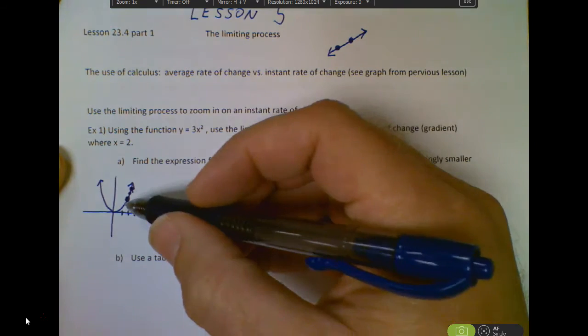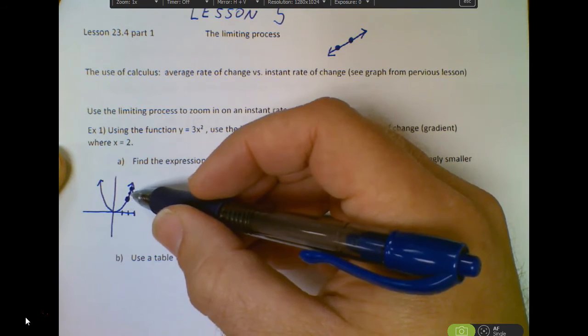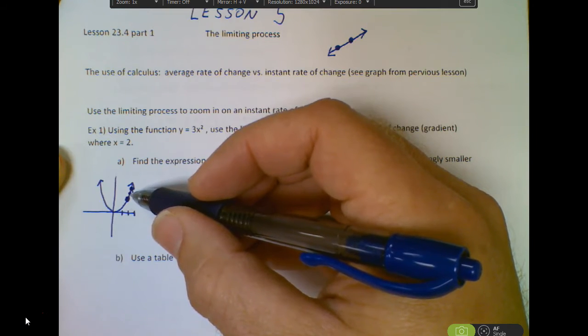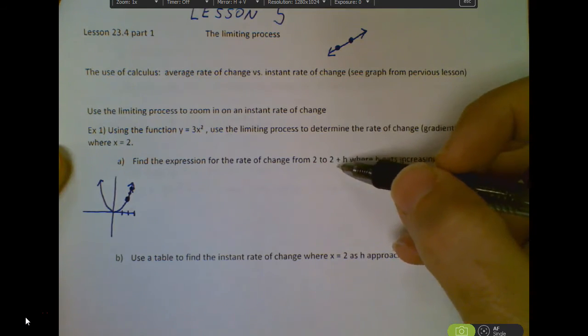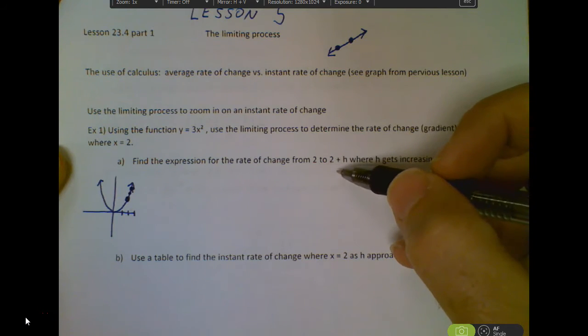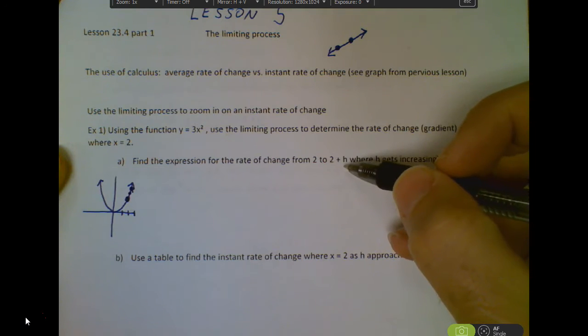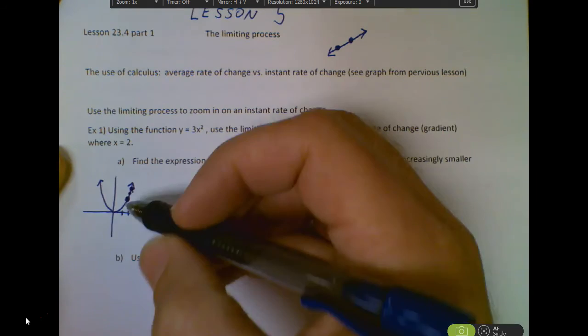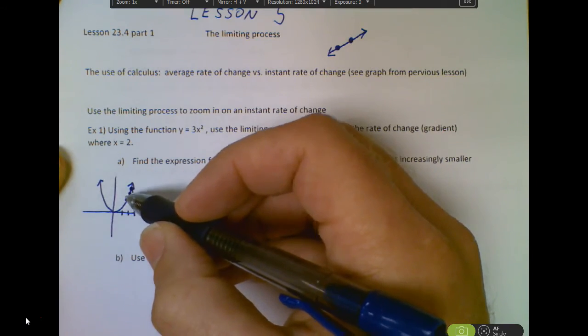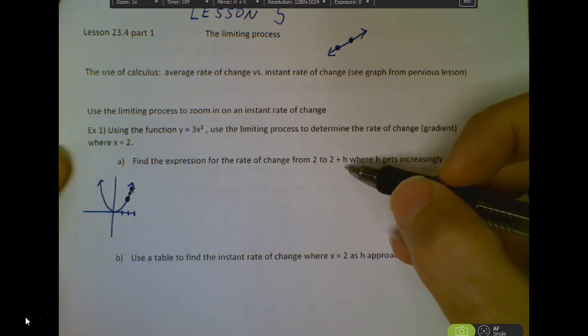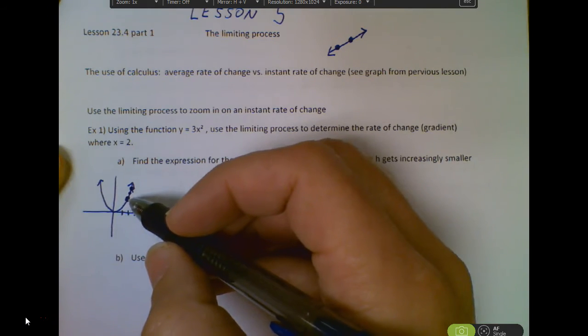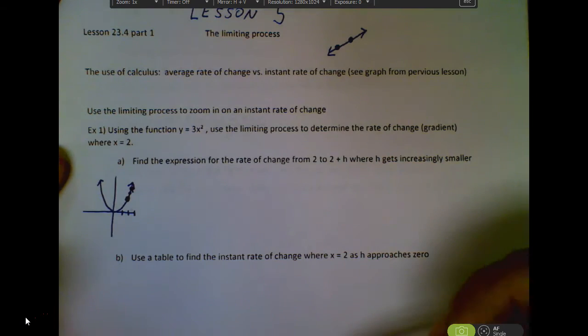Or if I went from 2 to 2.5, that would make h 0.5, because I would be going from 2 to 2.5. So h represents the distance between my points, and I want h to get smaller and smaller so that I get closer and closer to that point right there. And so that's the idea.